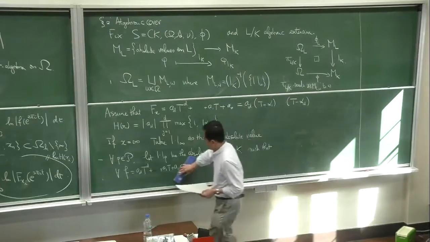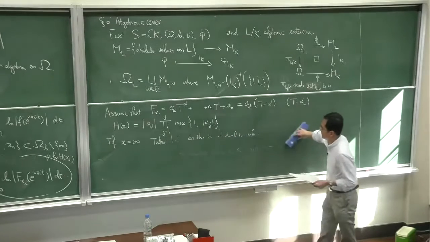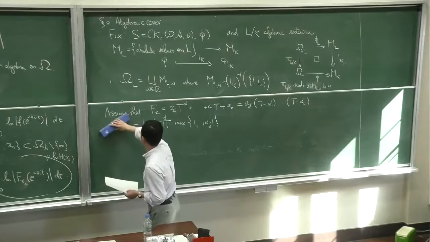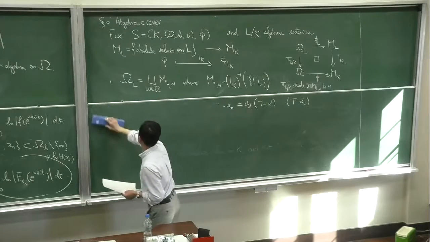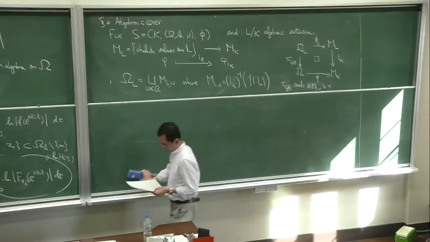Now what we need is to define a sigma algebra and also a measure on the measurable space.